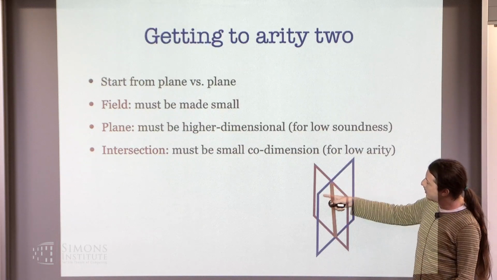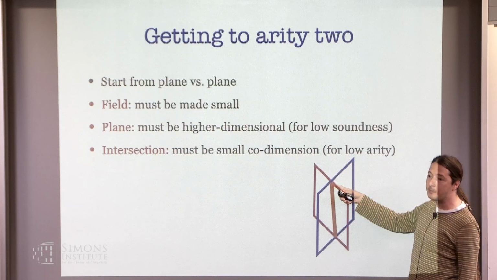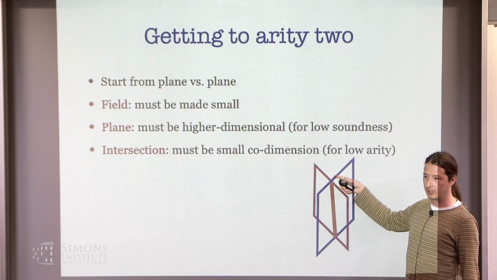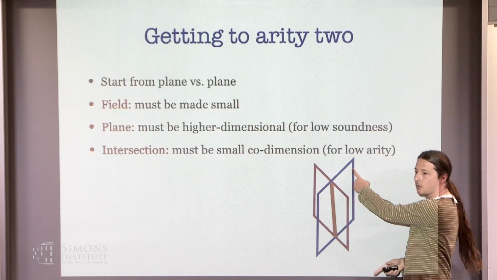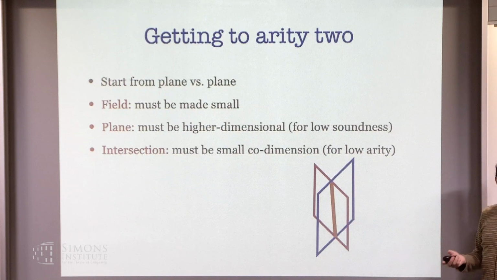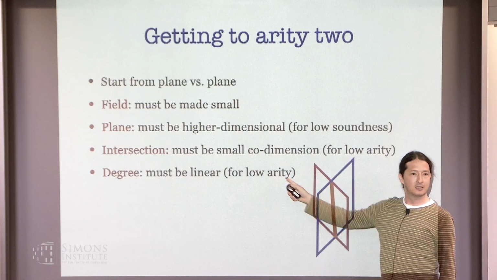You want the other to be of dimension maybe 1 more than the intersection, because then assigning the other one only requires choosing a value on 1 new base vector. And you also want a linear degree.